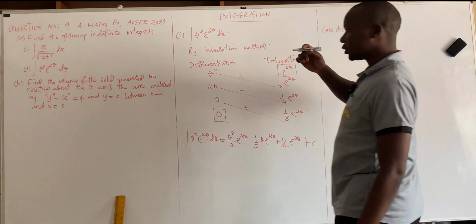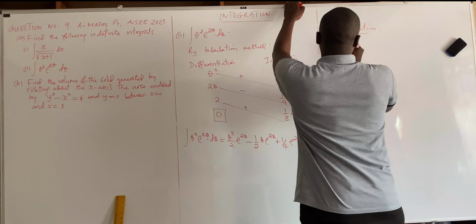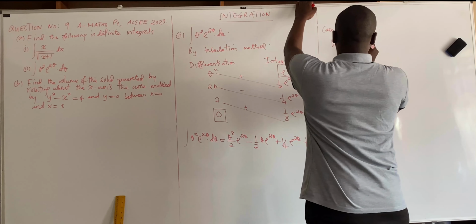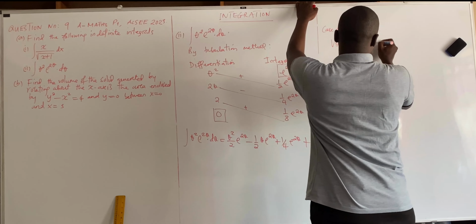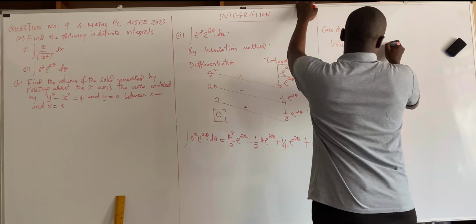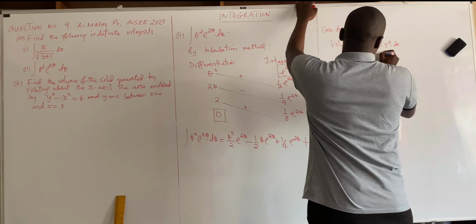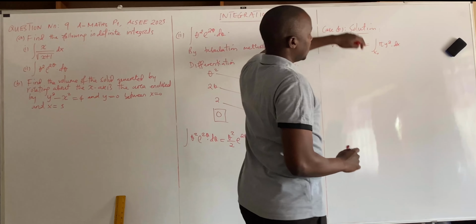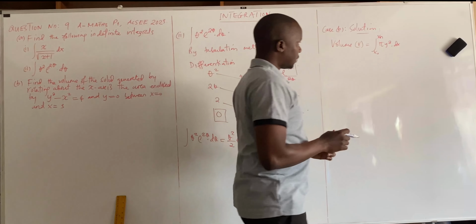Now, solution, the volume of the solid V is given by the formula integral of pi y square dx, with the limits from x naught to xn, the higher limit.